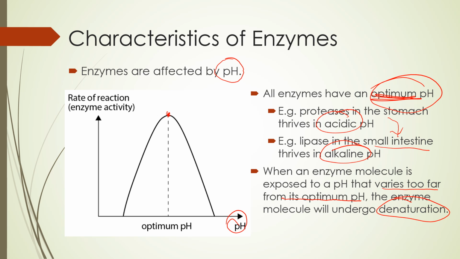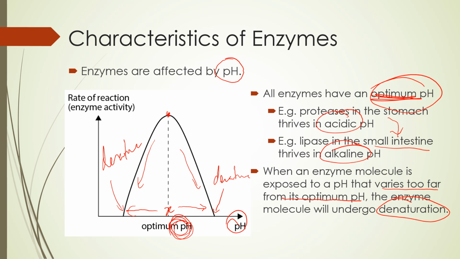So over here, for example, if this particular enzyme has an optimum pH of X, if I were to increase the pH over here, it will denature. You can see that the graph drops. If I were to shift it the other way around, you can see the reaction drops also because over here also denatures. So for pH, both ends are actually denaturation.